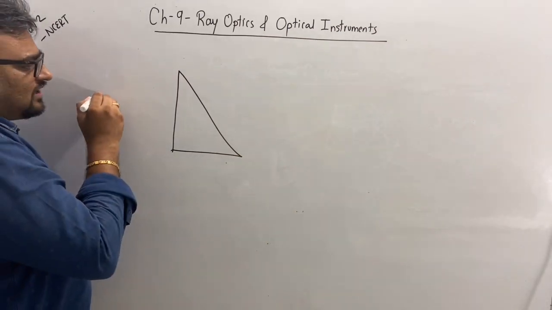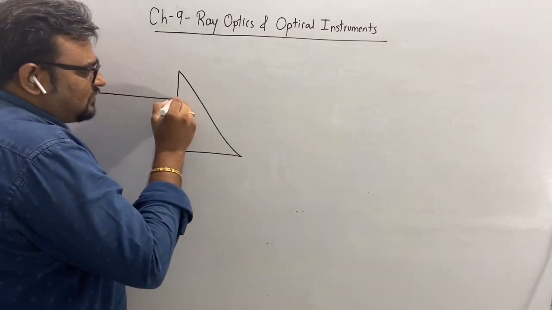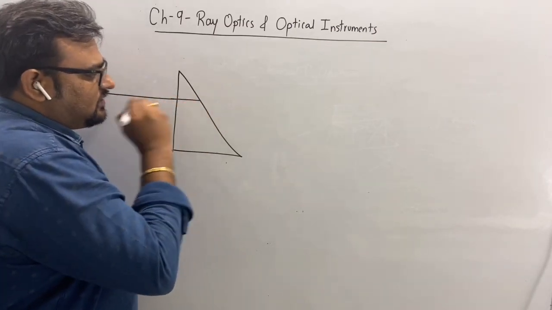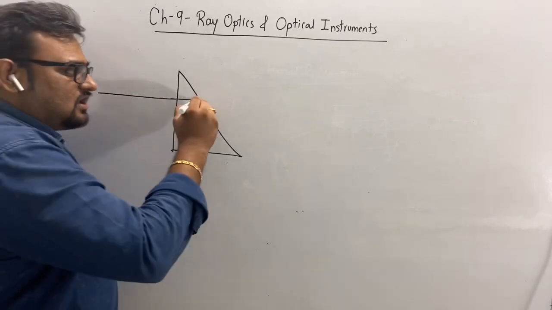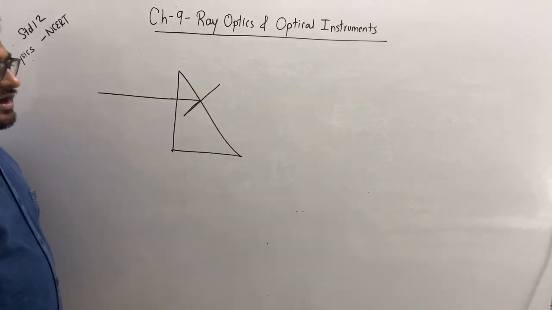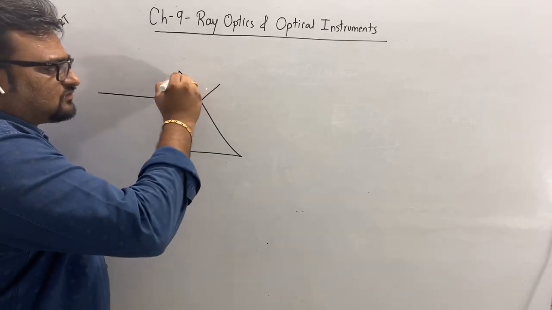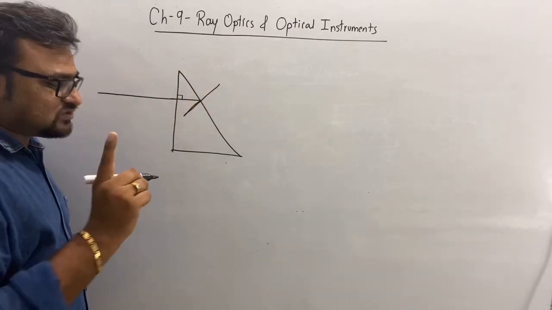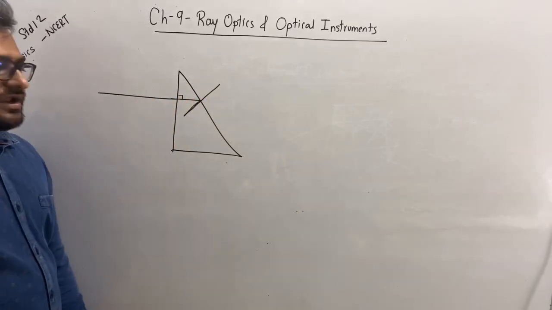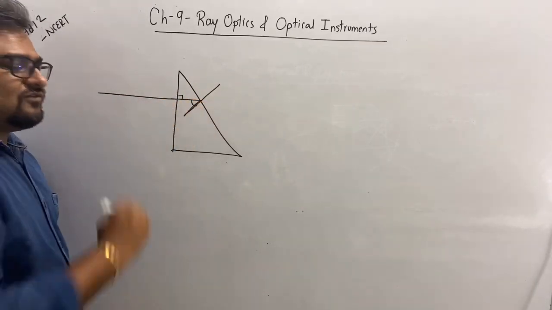When a ray of light enters normally, what will happen? It will pass in the same direction. Now this is the normal. This angle is 90, this is 45 because we have taken an isosceles prism, so this will also be 45. Clear? This angle will also be 45.